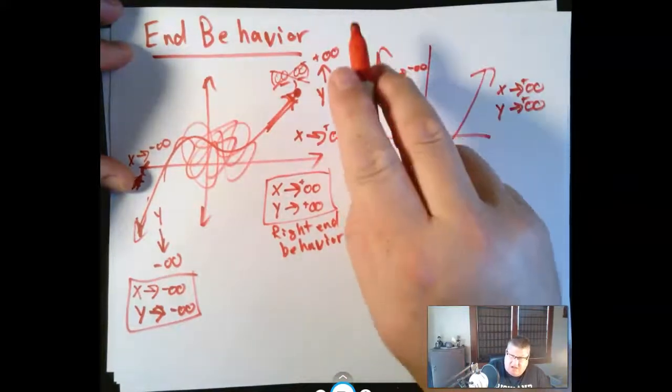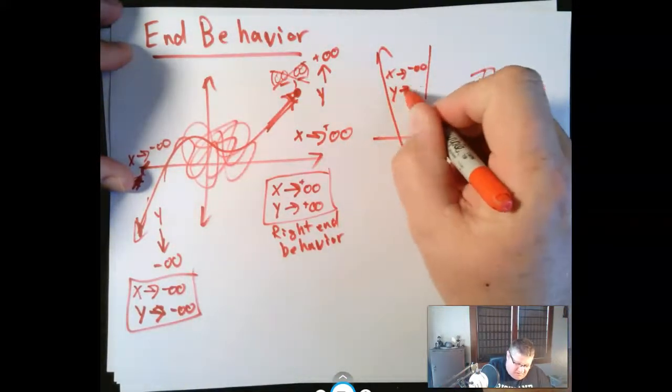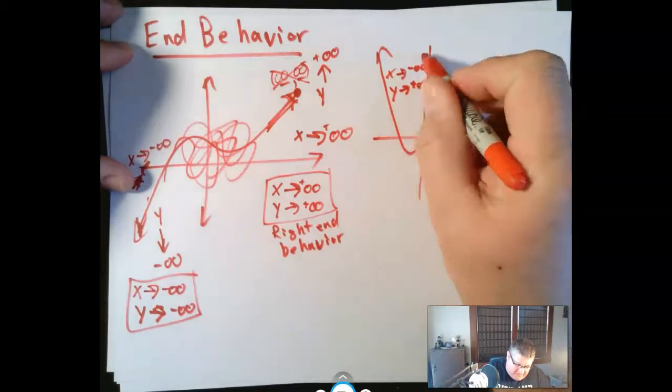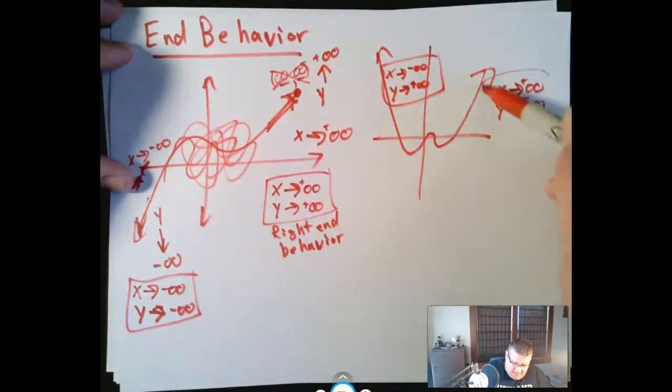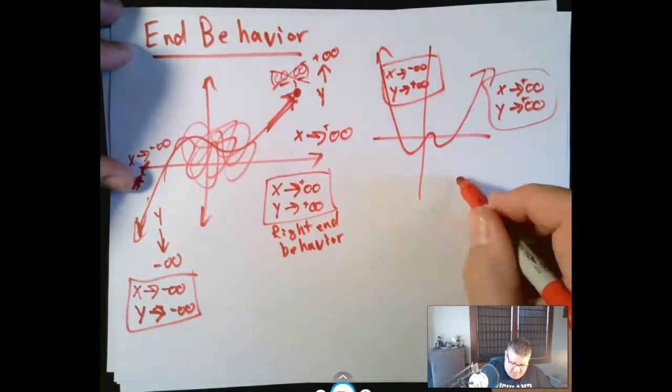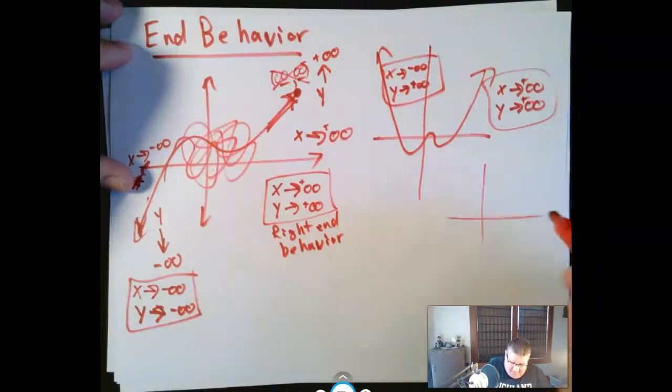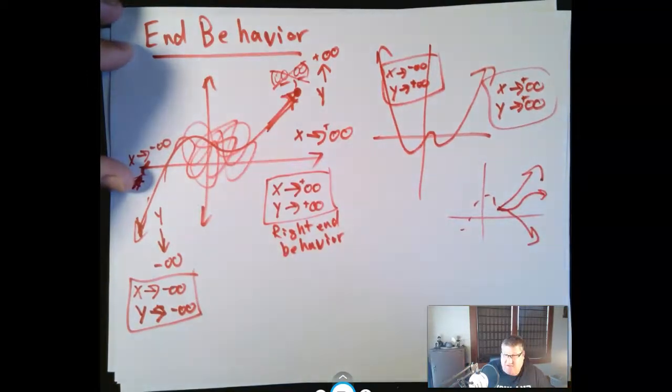Well, it's going up. So y goes to positive infinity because remember, this graph can go any one of a couple different ways. This graph could be going this way, could be going this way, or it actually could be going somewhere in the middle.